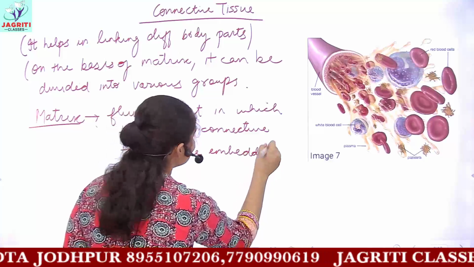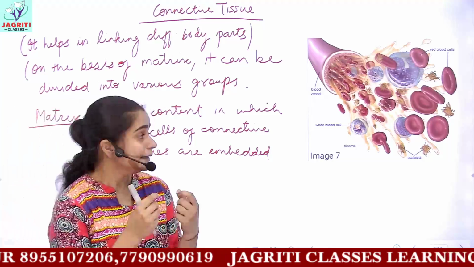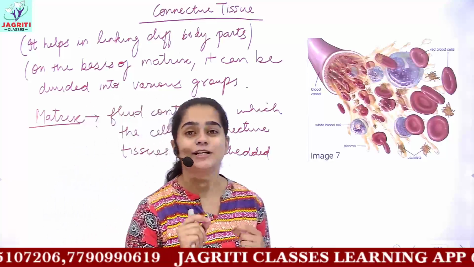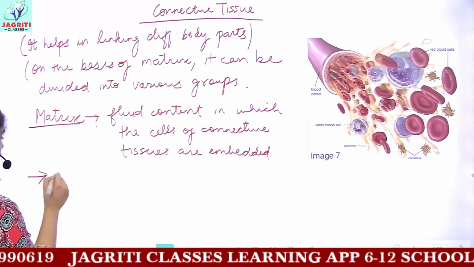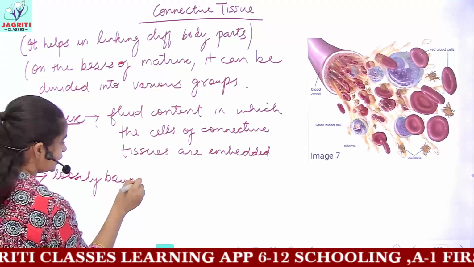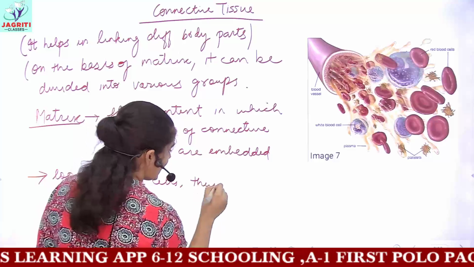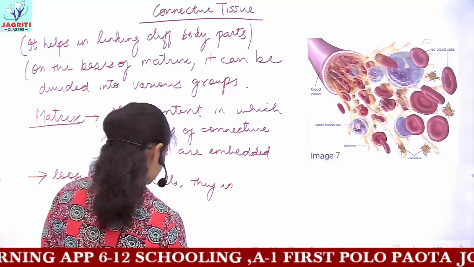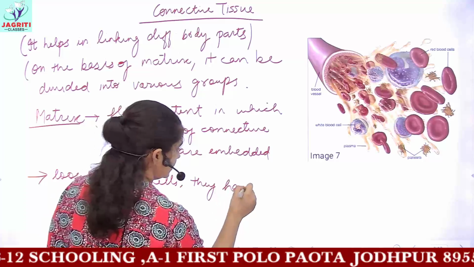Or you can say the cells of connective tissues are very loosely bound to each other. They have some amount of intercellular space. In short, you can write that the cells of connective tissue are loosely bound with each other. Loosely bound means they have intercellular spaces in between the cells.